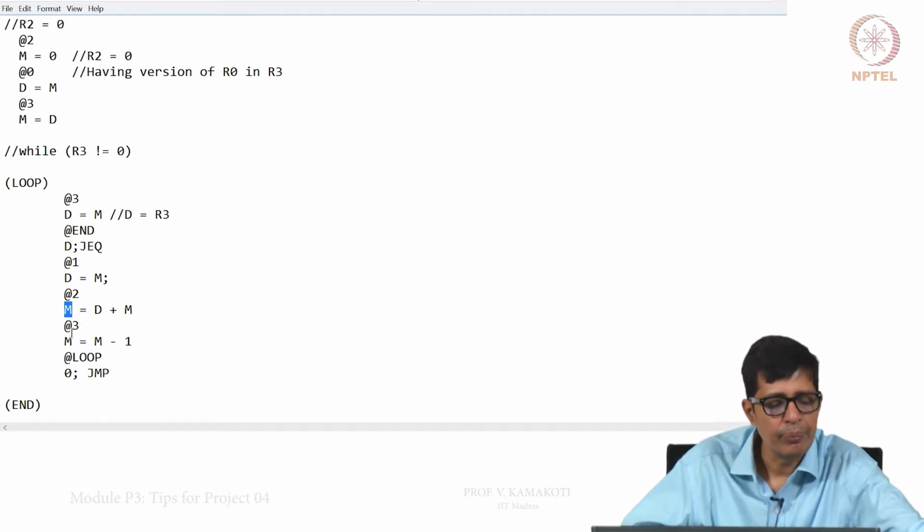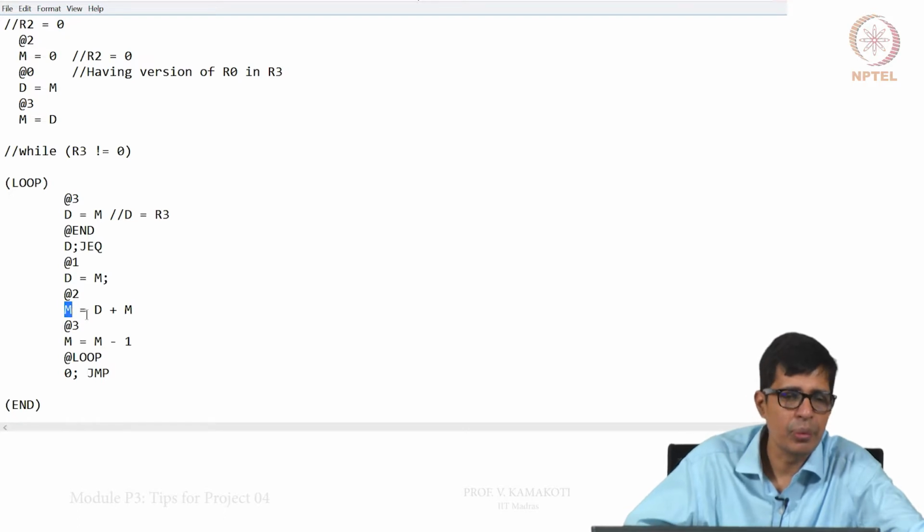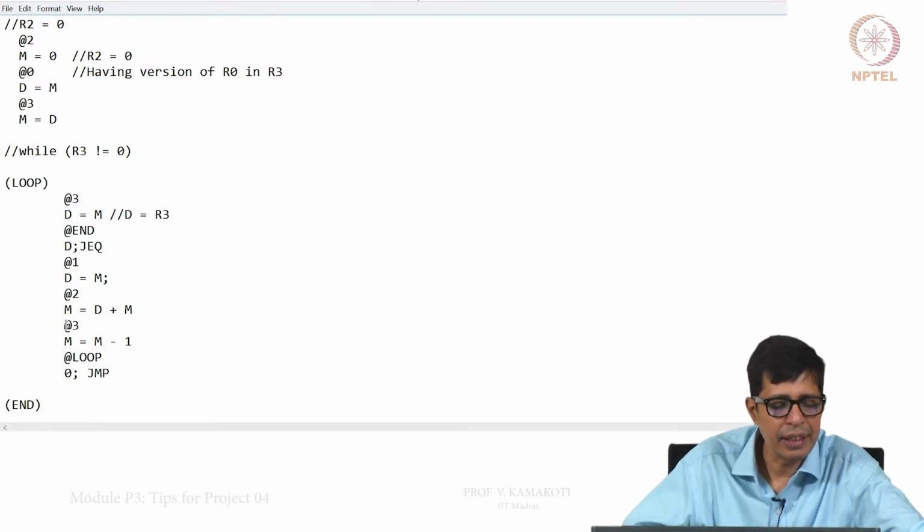So, I have now done that. Then finally, what I need to do? I have to decrement R3, @3, M equal to M minus 1. After finishing it, I have to go back to this loop. So, I put @loop here. This is the start of this loop, and I say do not check any condition, unconditional jump to loop. So, I come back here.